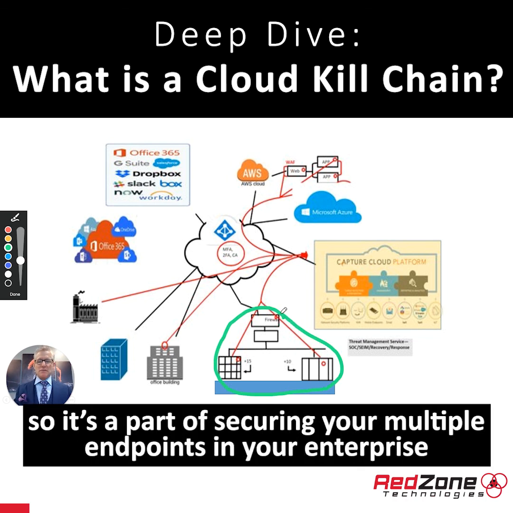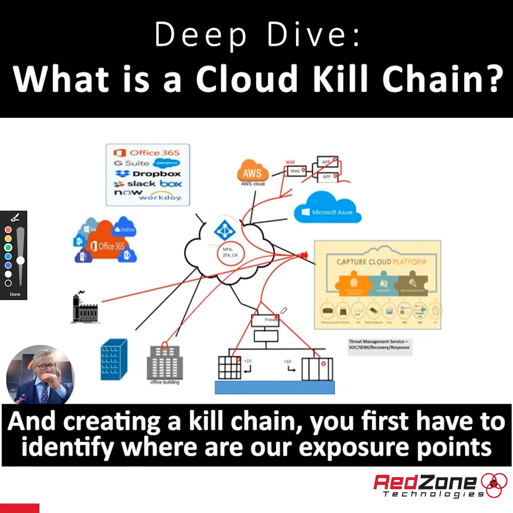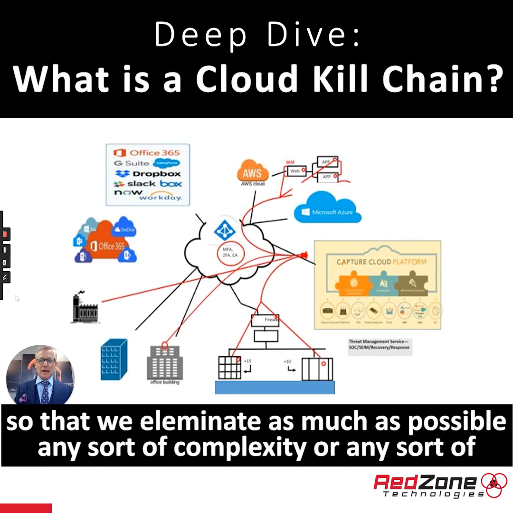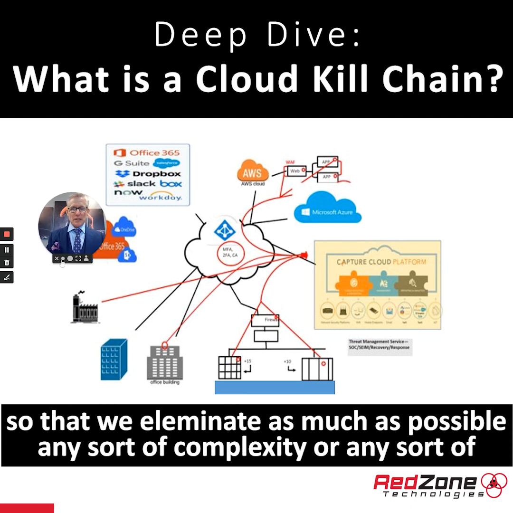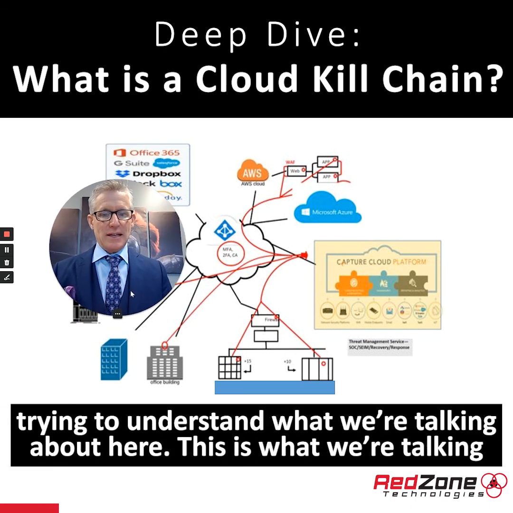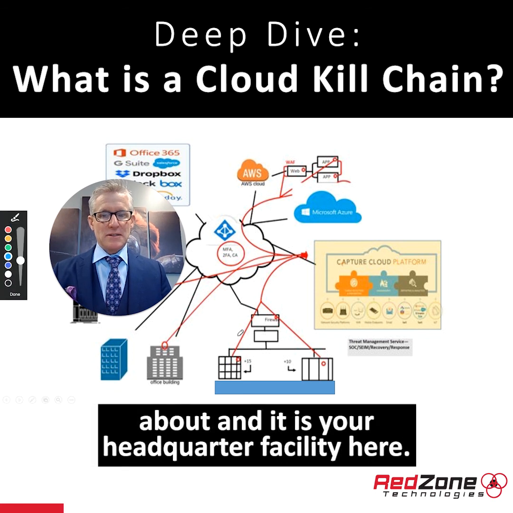As a part of securing your multiple endpoints, lots of endpoints in your enterprise, and creating a kill chain, we first got to identify where our exposure points are at scale, and I like to say on one piece of paper, so that we eliminate as much as possible any sort of complexity or any sort of trying to understand what we're talking about here. This is what we're talking about, and it is your headquarter facility here.